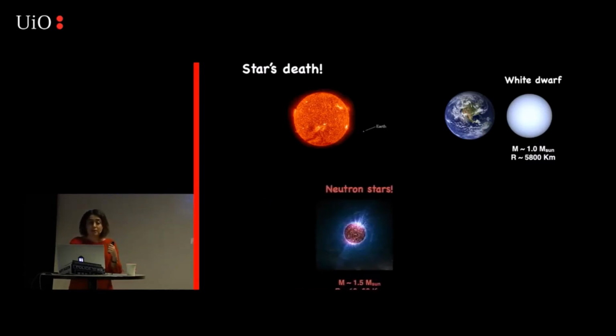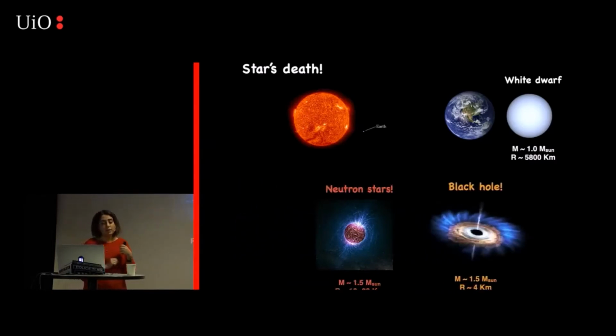And neutron stars are even denser. They are heavier than white dwarfs, and they are going to shrink into a ball with a radius of only 10 to 20 kilometers. So you can imagine how dense they are. And it's going to be worse for black holes. The radius of black holes is approximately 4 kilometers. So they are super dense, and the physics inside them is not known because nothing can pass through, even light.